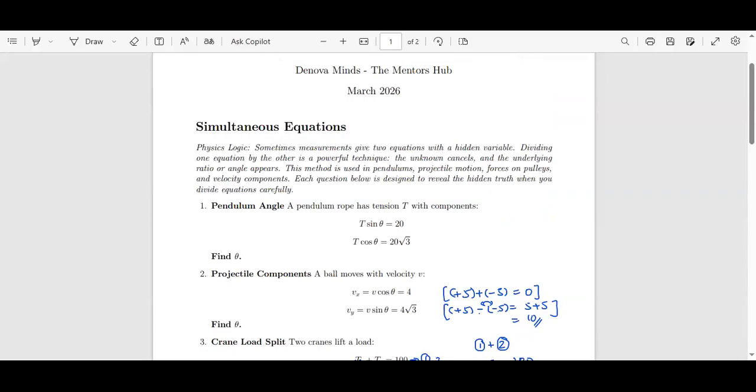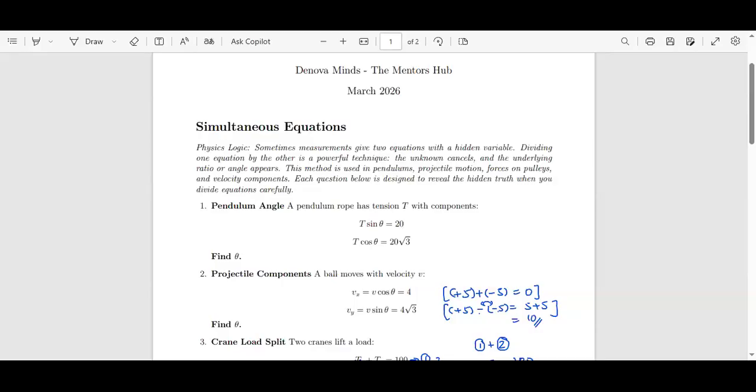Now we don't know what theta is and we don't know what T is either. So T and theta both are unknowns, and you can't just directly solve this. What you have to do is remove one of these terms. You can remove the capital T, since you have to find theta.